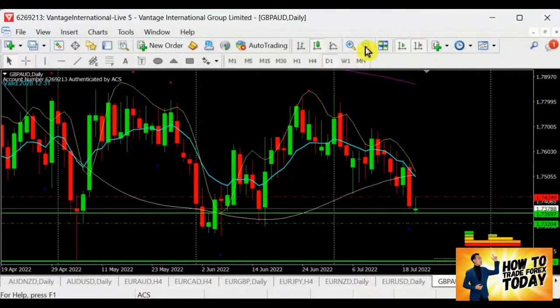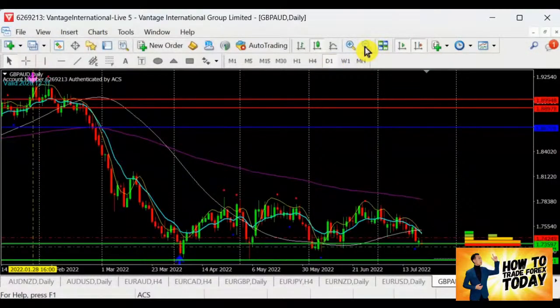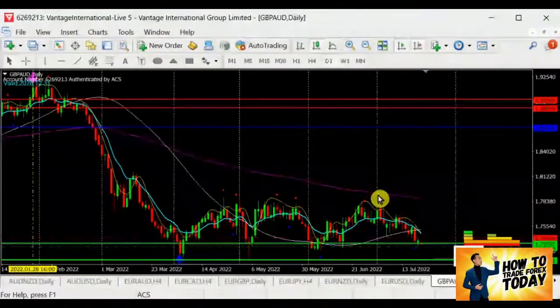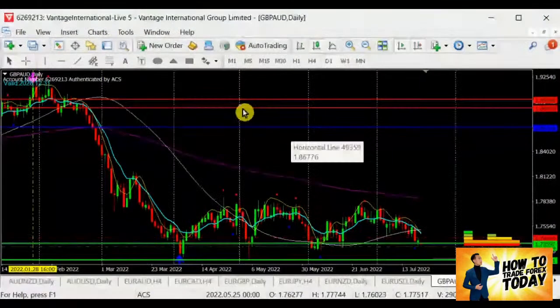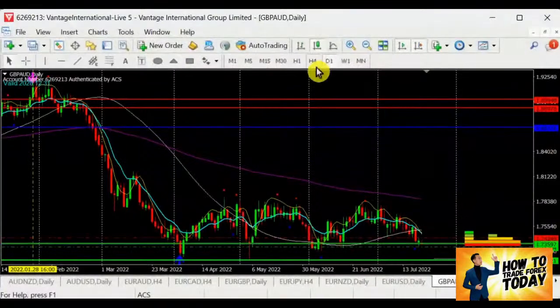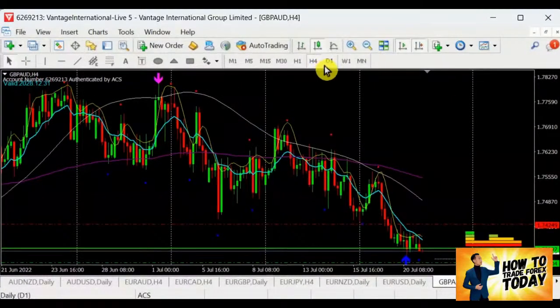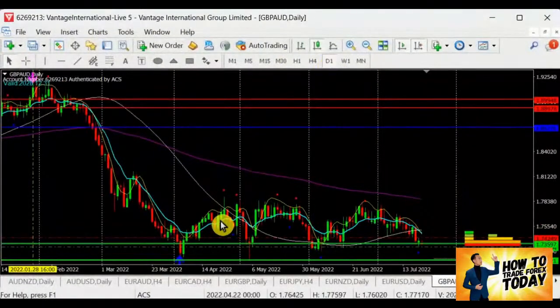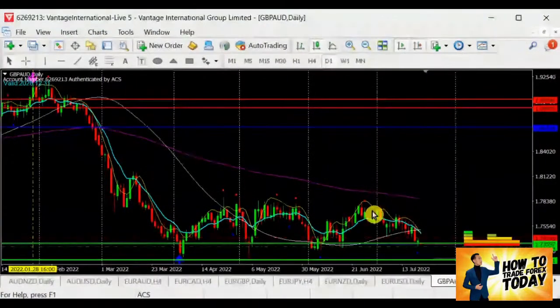All right, so pound Aussie. Let's take a look at pound Aussie. Right, pound Aussie. We are now coming back over here where the support is, where as you can see, it is ranging around this area. Am I right? So again, will it stop here or will it bounce back? Okay, so tentatively, because it's still in this area of ranging, I will say that selling is possible, but I have to wait for it to break the support.